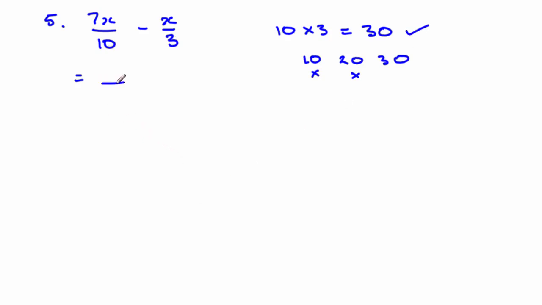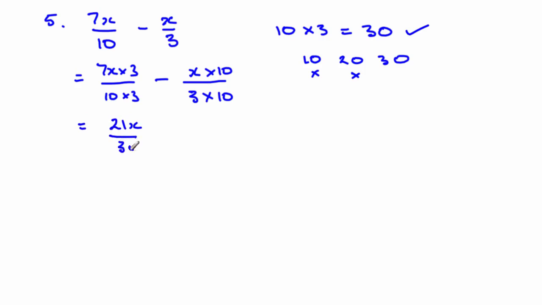So we're going to change a 10 into a 30, and here we're going to change the 3 into a 30. So we need to multiply by the same amount at the top in the numerator, and in this case by 10. So we end up with 21x over 30 minus 10x over 30.